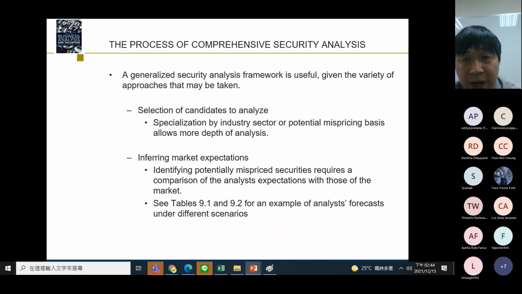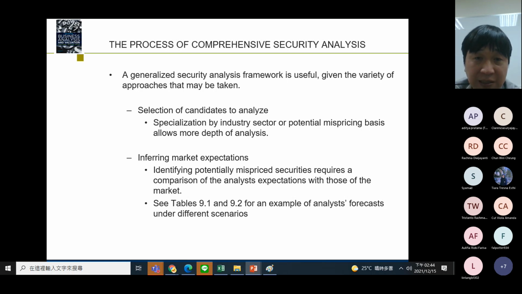A process of comprehensive security analysis. A generalized security analysis framework is useful given the variety of approaches that may be taken.